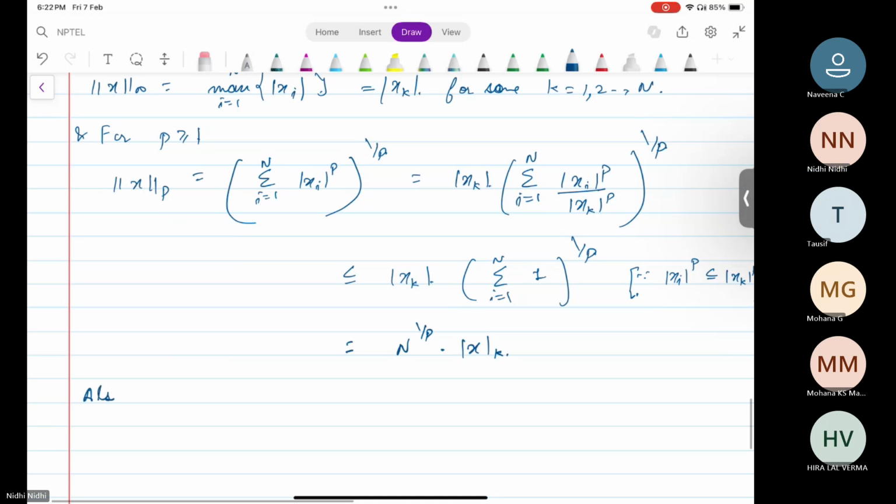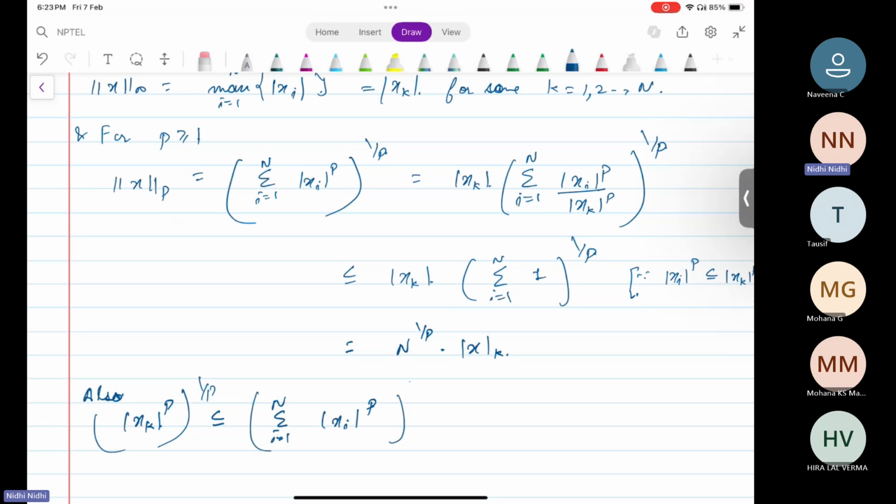Also, really mod xk is less than or equal to the summation i from 1 to n of mod xi. I can write it like this. Now taking its power 1 by p.